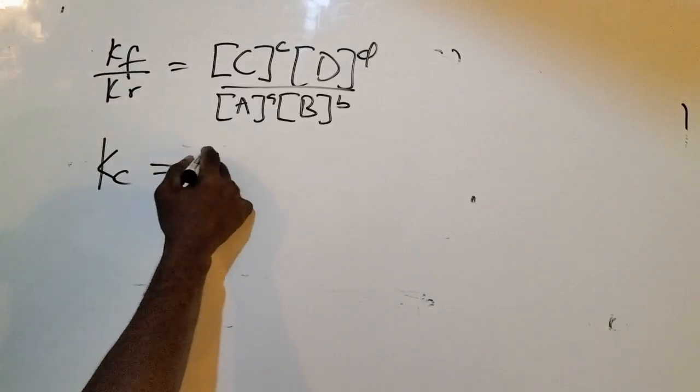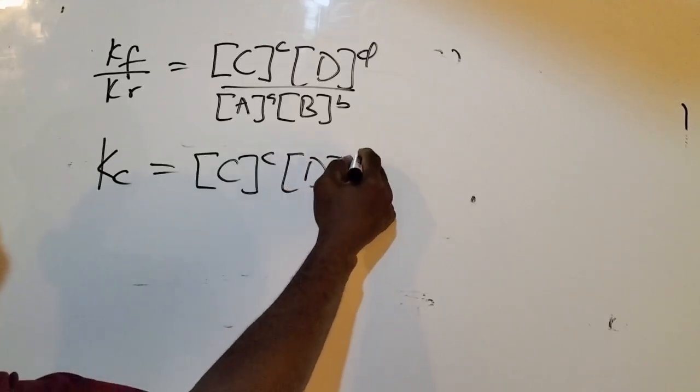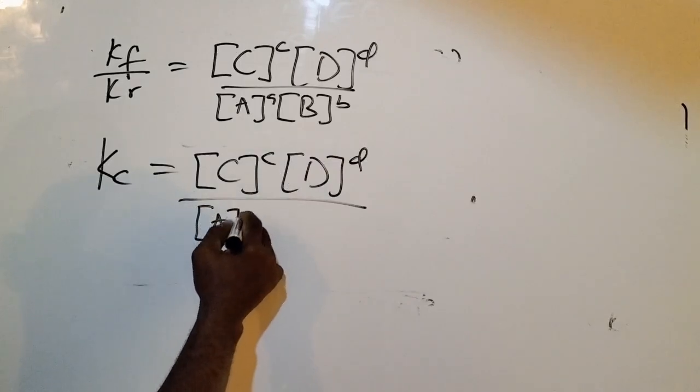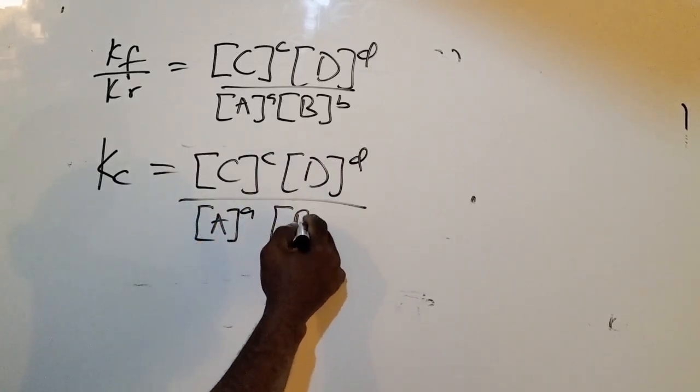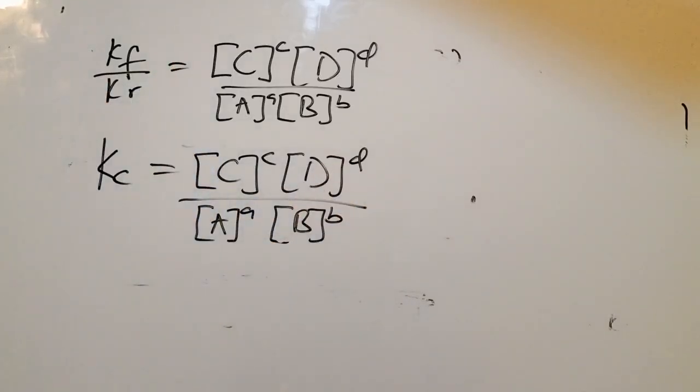So that proves that Kc is nothing but the concentration of the products to the number of moles over that of the reactants to the number of moles, as we have proven using the law of mass action. So you see, it's very simple to understand.